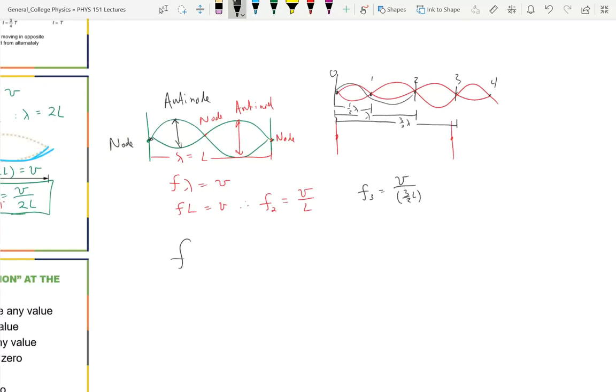I have f sub 1 now is equal to... that shouldn't be over 3/2. I need to be more careful. The length L is equal to 3/2 wavelength, therefore wavelength is equal to 2/3 L.